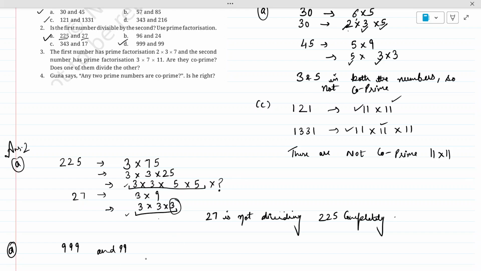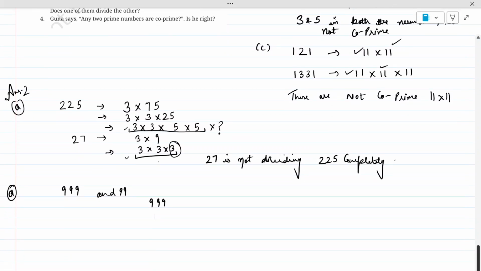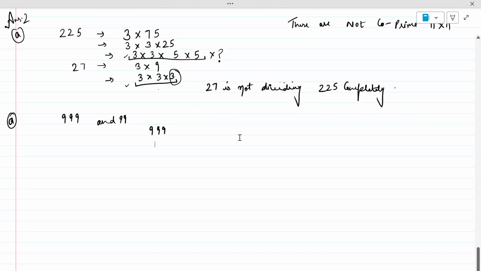I can write 999 as 9 multiplied by 111. I can write this as 3 into 3 into 111, right? And now I can write down 99 as 3 into 3 into 11, right?